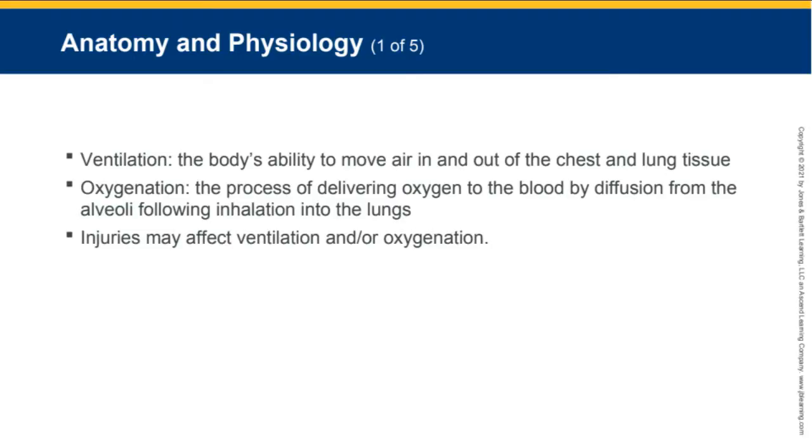Let's review the anatomy and physiology of ventilation, oxygenation, and respiration. Ventilation is the body's ability to move air in and out of the chest and lung tissue. It has two processes, one active, one passive. You have an inhalation phase and an exhalation phase. The active process requires muscle contraction. The passive process requires muscle relaxation.